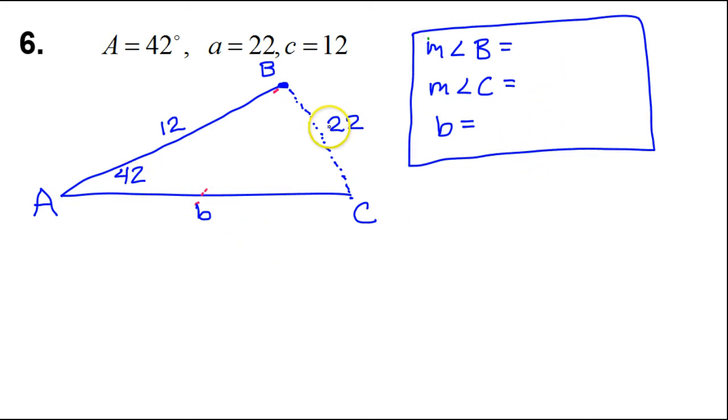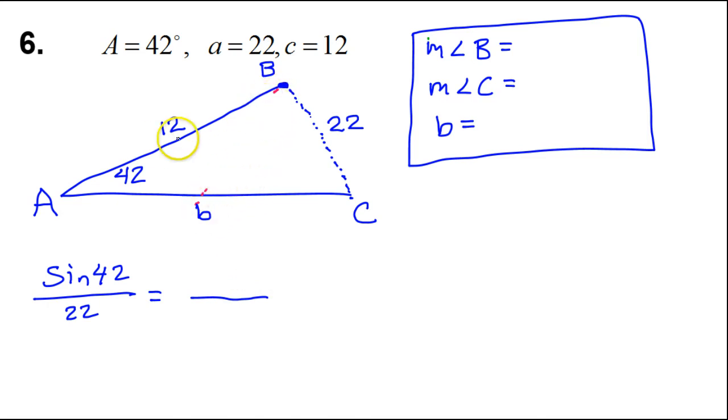So, looking for an angle and an opposite side, I see that we have these. So I'm going to go ahead and set up my law of sines like this. I will say the sine of angle A over side A. Okay, now I will do another sine angle and side.